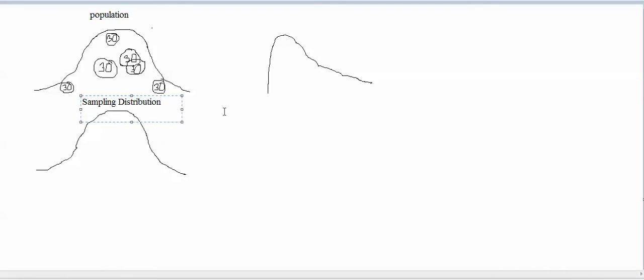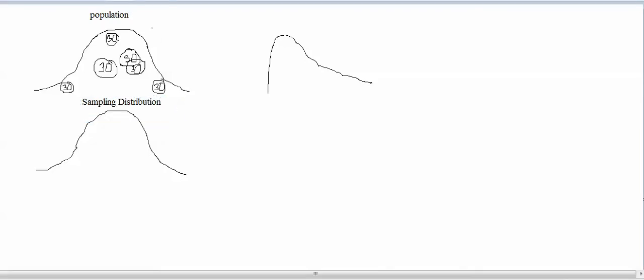Each value inside of here was an individual person, but each value in here is the mean of a sample.